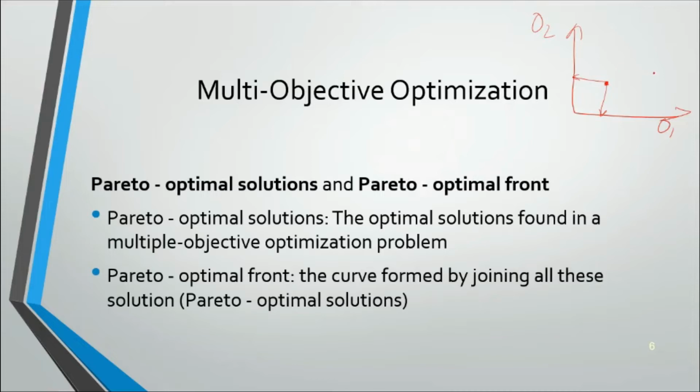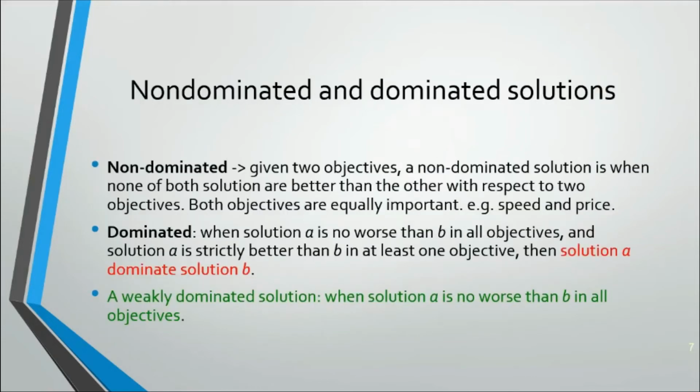Then there is another solution with its own O1 and O2 values. Like this, all these solutions are marked, and the boundary of the curve gives you the Pareto optimal solutions. The curve formed by joining all these Pareto optimal solutions is the Pareto optimal front.